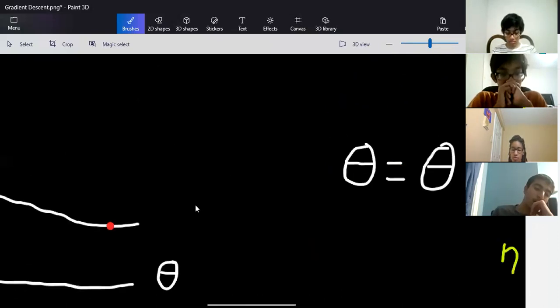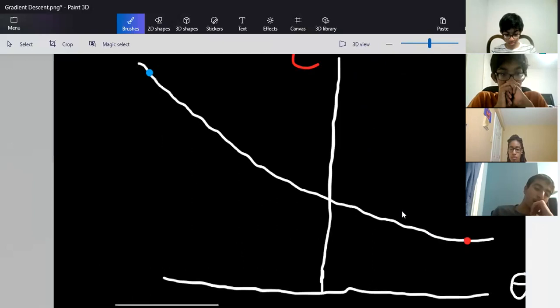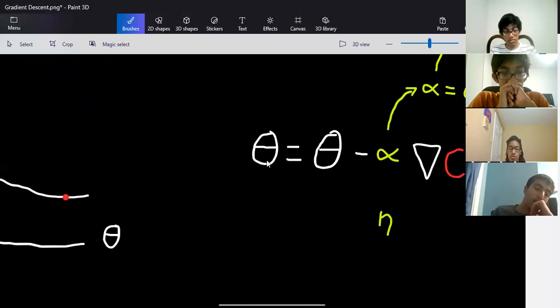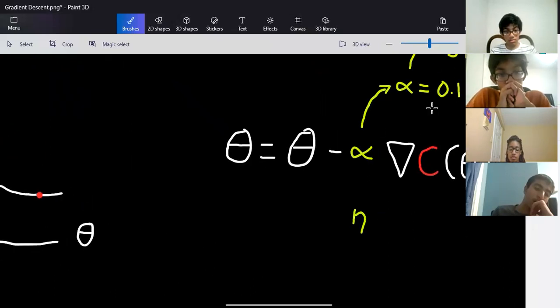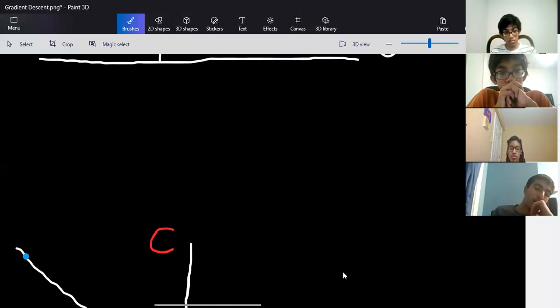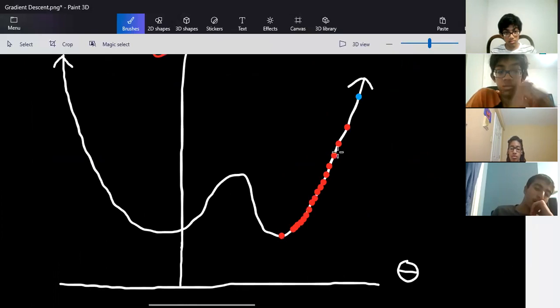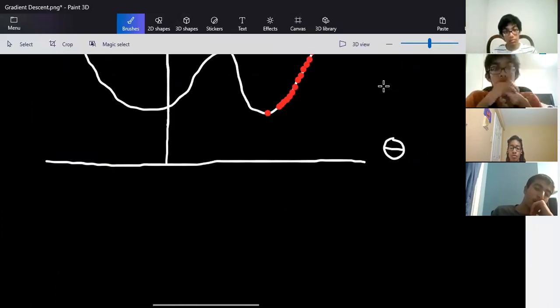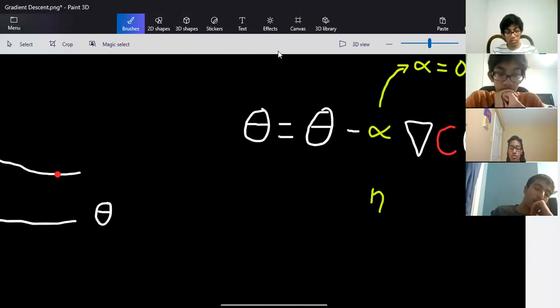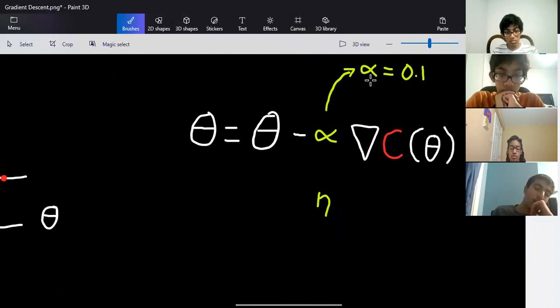So let's say you have a really shallow graph here. It's not very steep. Maybe you don't want to set alpha, the learning rate, to 0.1. Maybe you want to set it to 10. Over here, on the other hand, let's say you have a steeper slope. Okay, maybe we don't want to set alpha to 10. Maybe we want to just set alpha to 0.1.